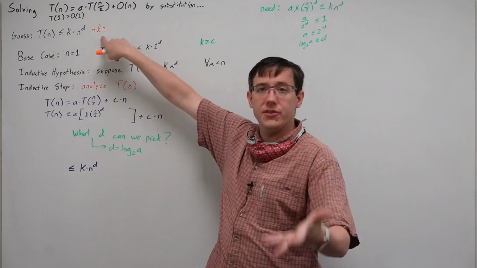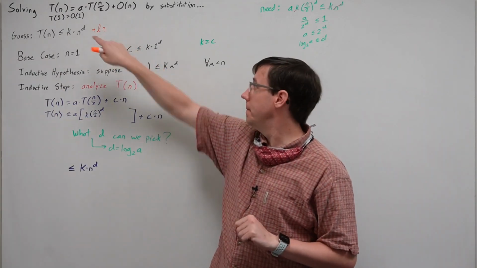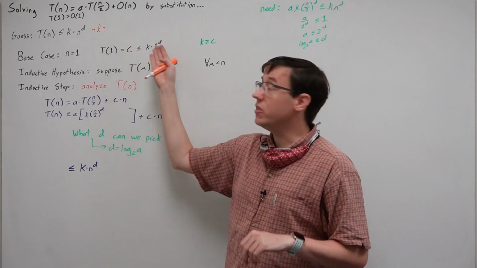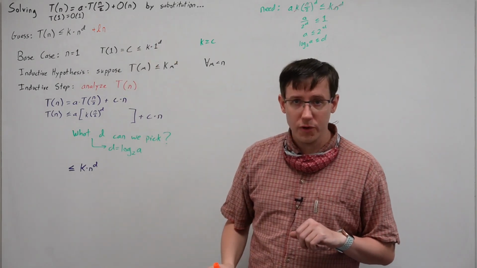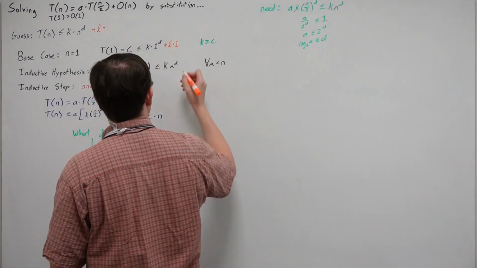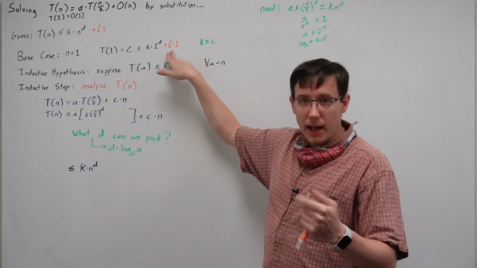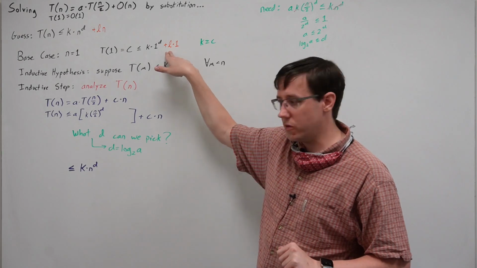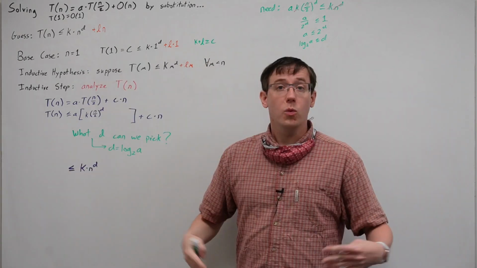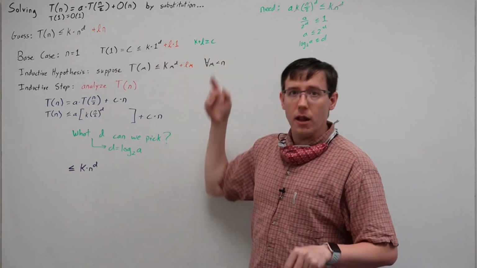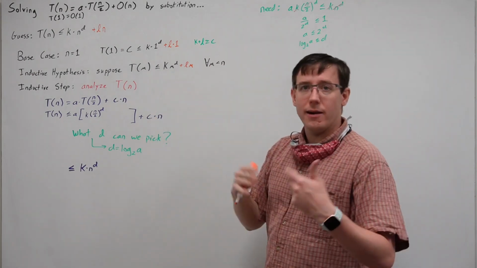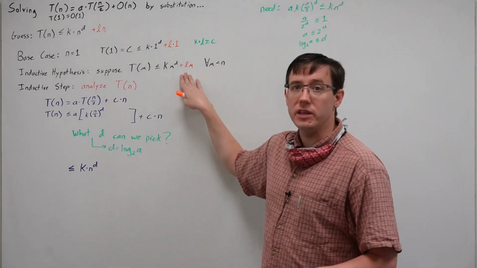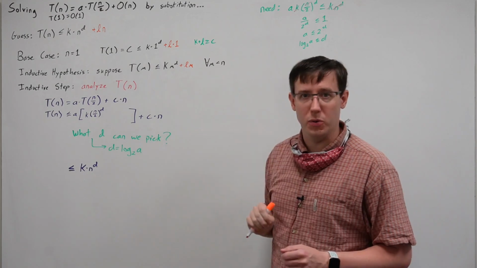We'll call the constant on our linear term L, and that means we need to modify the various steps of our proof. This plus Ln term slightly changes the conditions on our base case. We now need that k plus L is at least c, and our inductive hypothesis now includes the linear term on the smaller input size.